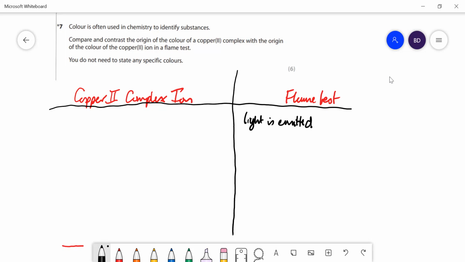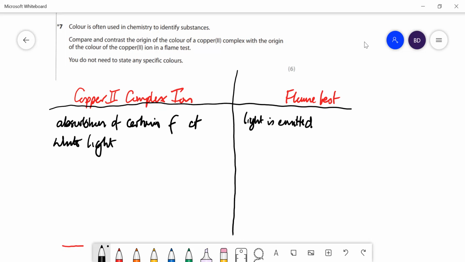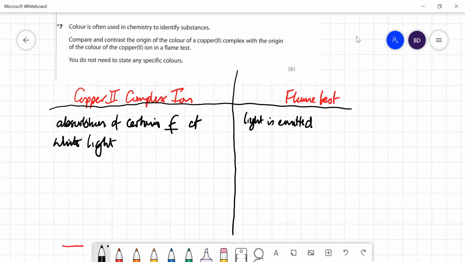the reason why that is colored is because you get absorption of certain frequencies of white light. White light is a mixture of all the different frequencies of visible light.